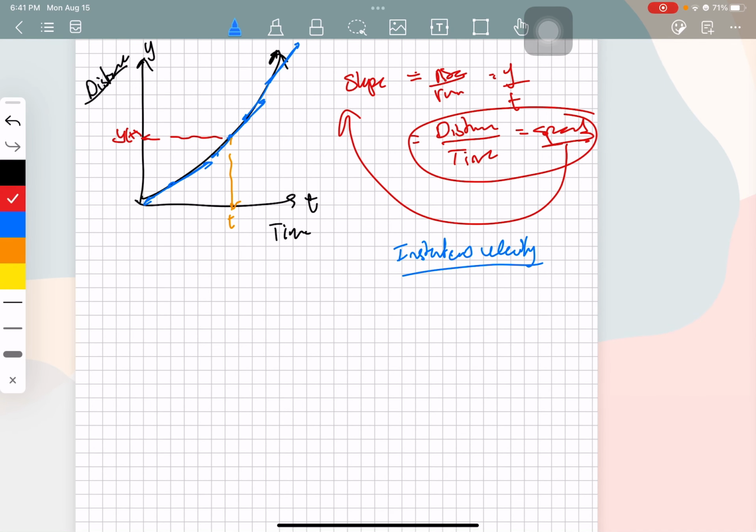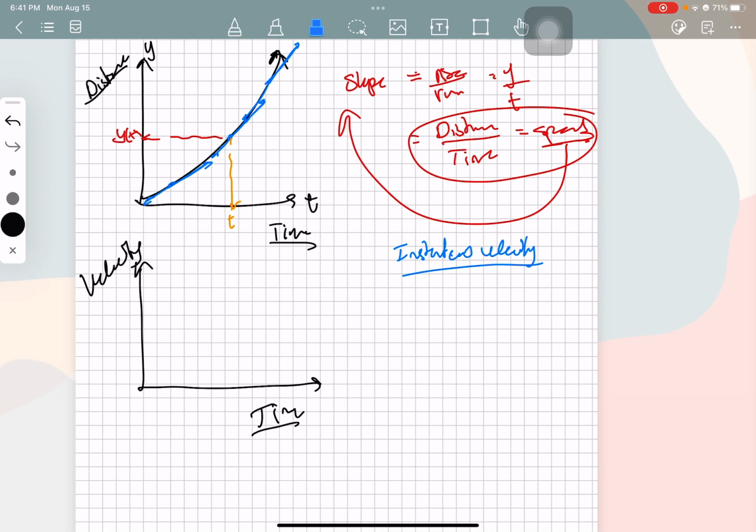So let's say you have another graph. Here you have your velocity, and here you have your time. Notice the time is exactly the same, it didn't change. Why is that? Because we're depending on time as we move through.